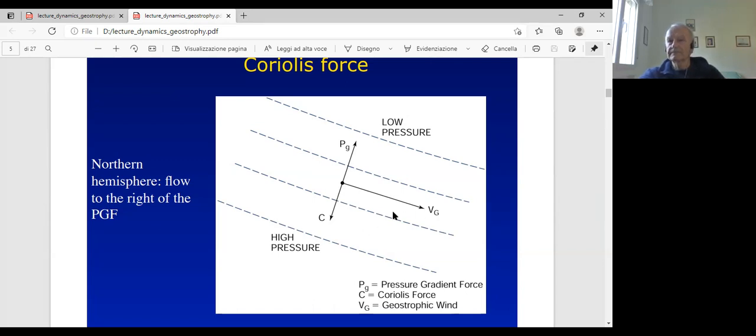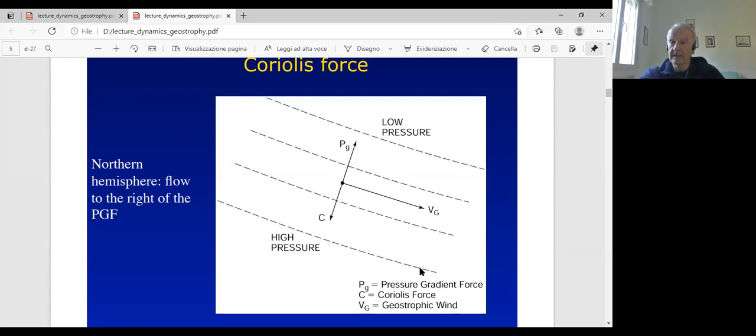In that case, the velocity should be moving parallel to the isobars, the lines of equal pressure, leaving low pressure to its left. Not only the direction of the geostrophic velocity is determined, but also its magnitude, the geostrophic speed, because the speed should be such that the Coriolis parameter multiplied by v, the speed of the geostrophic flow, balances the pressure gradient.